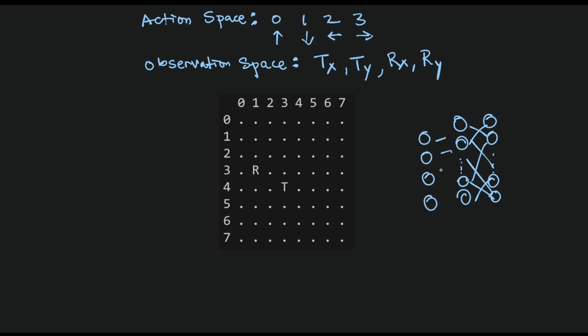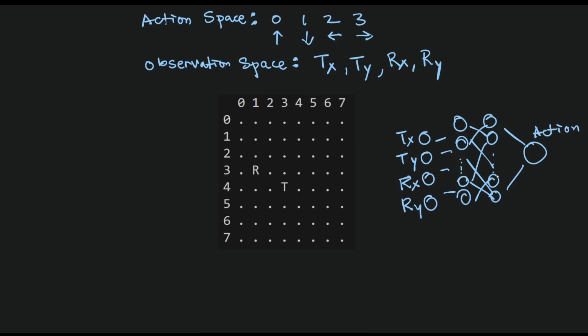It's going to be hooked up to the rest of the layers, of course. So we have our position of the tagger and the position of the runner. Now the output of the network is going to be a single number, so 1 node, and that's going to be the action space. So it's going to be a number between 0 to 4, and that's the output.